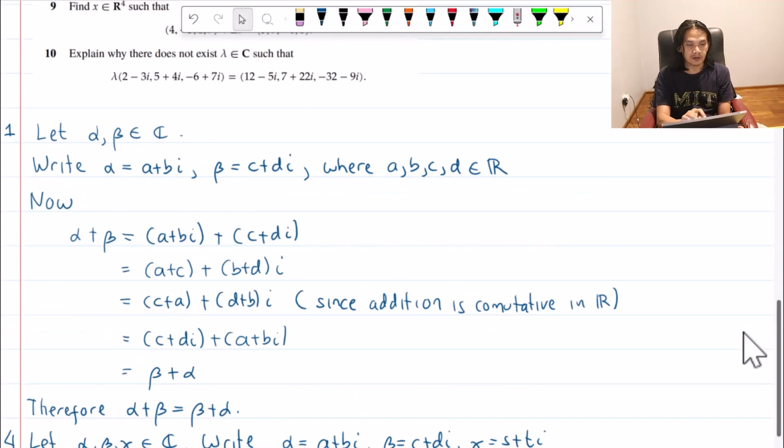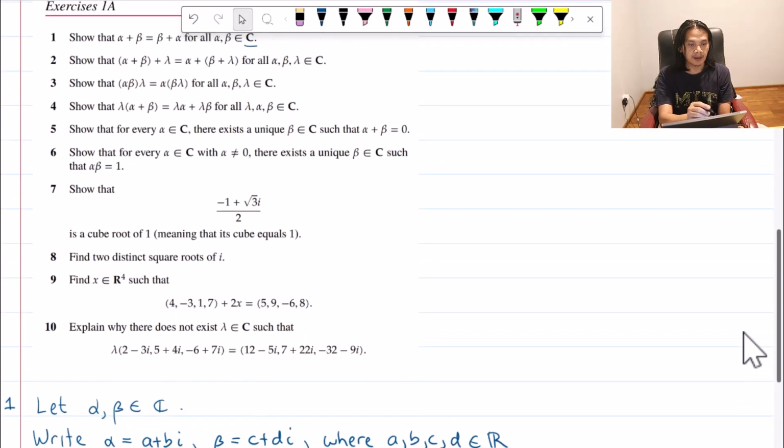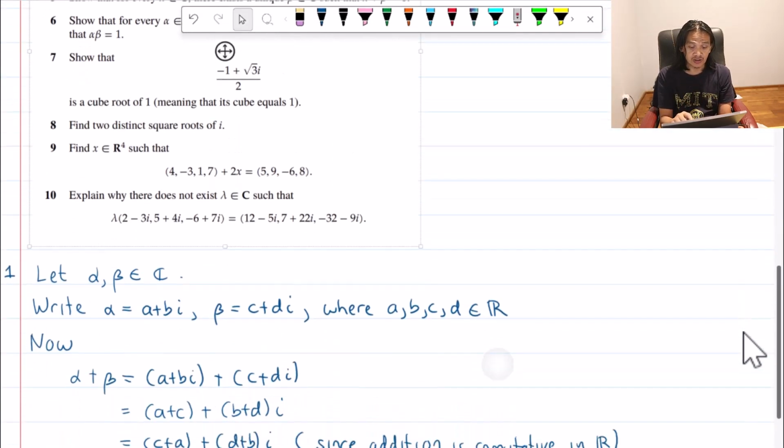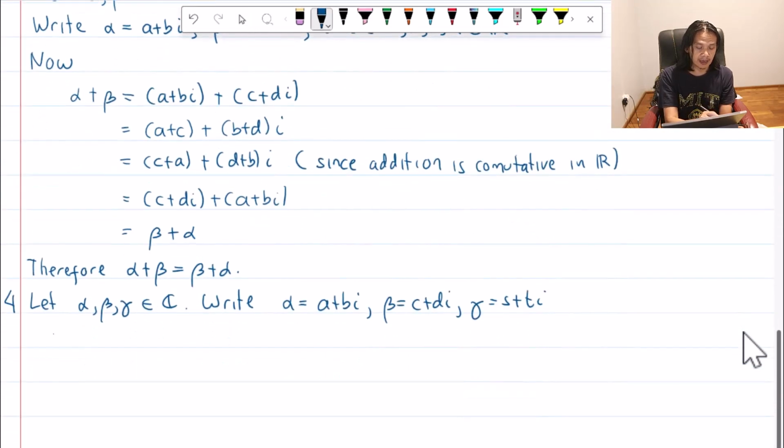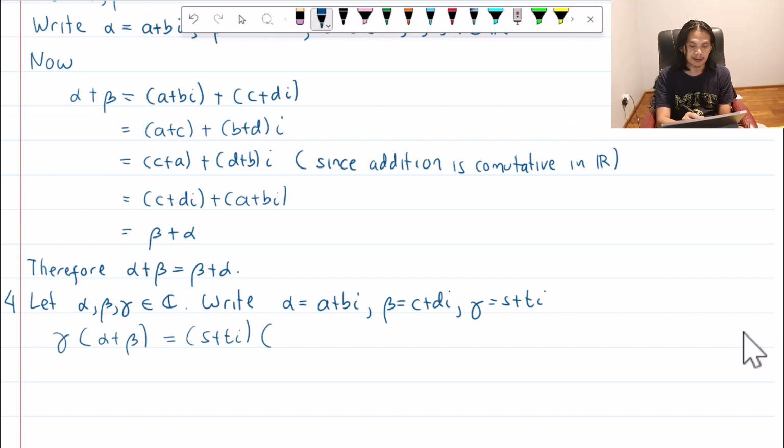Okay, so we would like to show that, well, I don't use the same letter, but it's not that a big deal. So we would like to show that gamma times alpha plus beta. So just write down gamma as s plus ti, and then alpha plus beta as a plus bi plus c plus di.